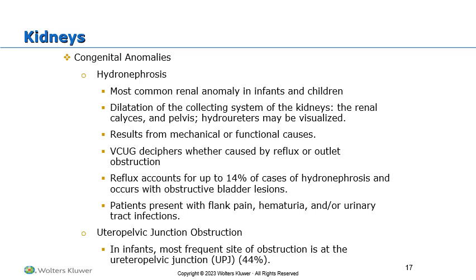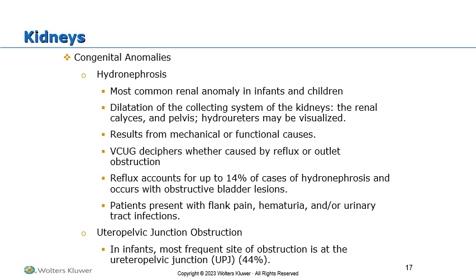Now, a VCUG stands for voiding cystourethrogram. This is something that we can do in radiology, where they use fluoroscopy, or live X-ray, and they basically start a catheter in the patient's bladder, and they put radiopaque, or a white appearing contrast, into that bladder, and then they watch for reflux to go from the bladder into the ureters.